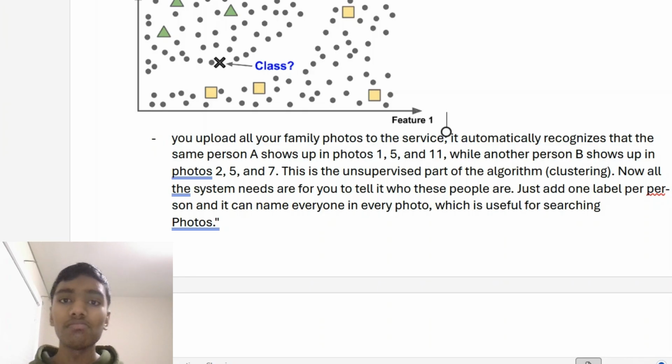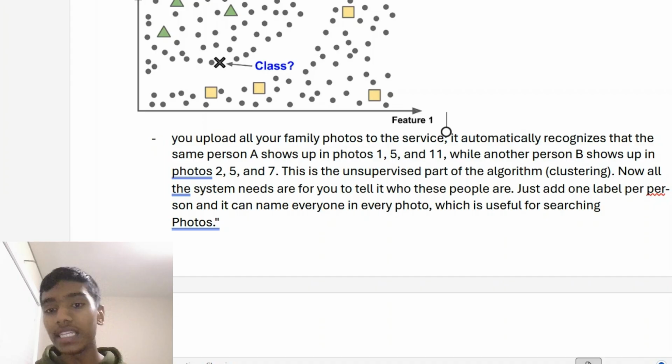Obviously, certain people will appear in multiple photos. For example, person A will be in photo 1, photo 5, photo 10, and person B is in photo 3, 4, and 6. And so Google Photos can use unsupervised learning to group those people into particular groups.